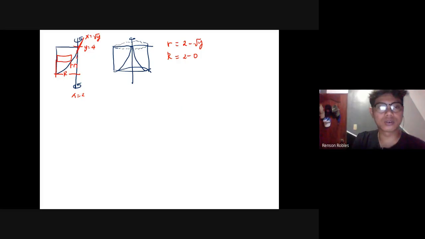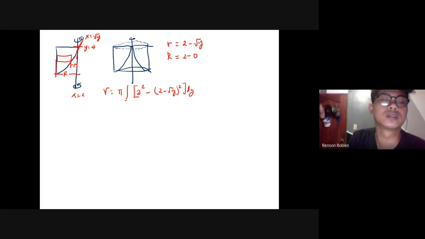This is 2. Until here, it's square root of y. Then from here, until here, it's 2 minus 0. So you have volume is equal to pi integral of capital R, 2, squared, minus small r, 2 minus the square root of y, squared, dy. And then what will be the limits? This is horizontal, so you start from the bottom, 0, to the top, that's 4.